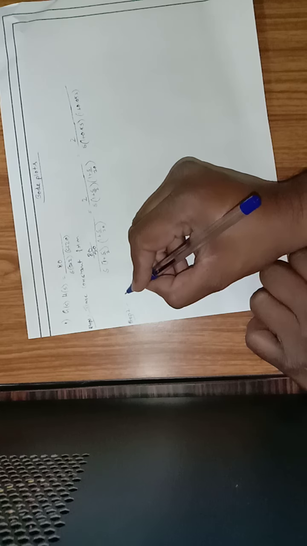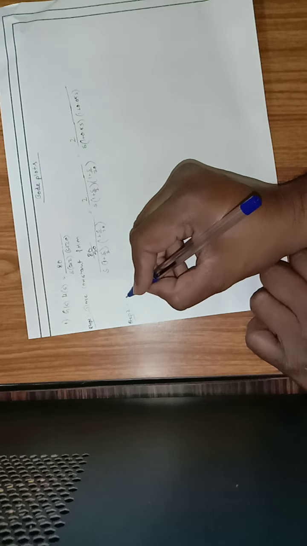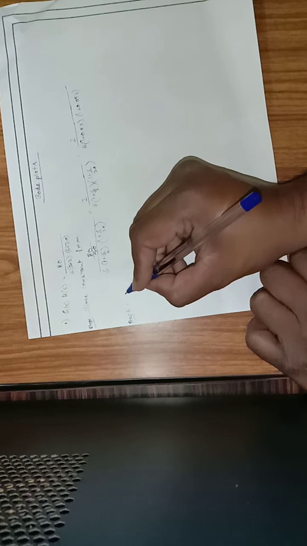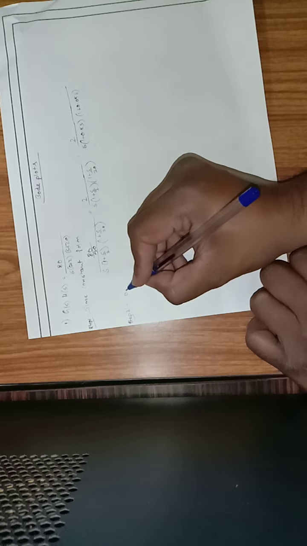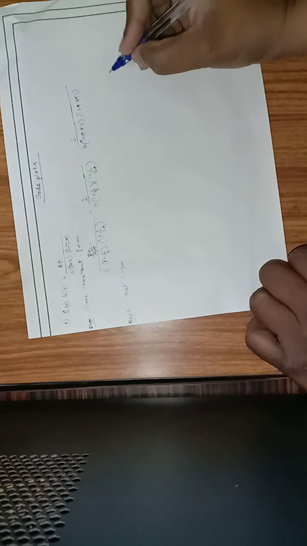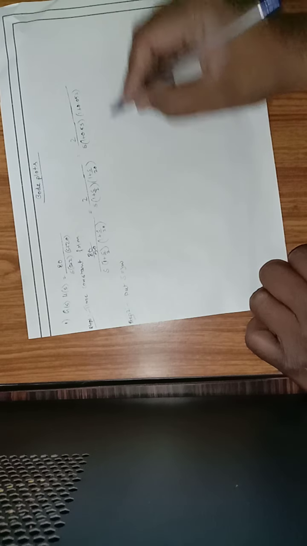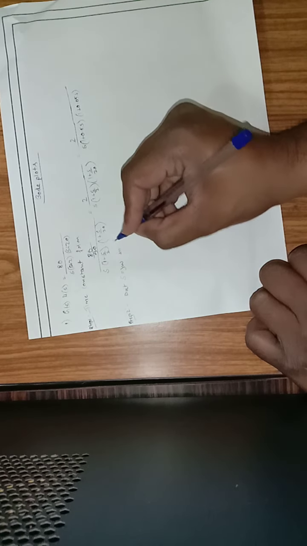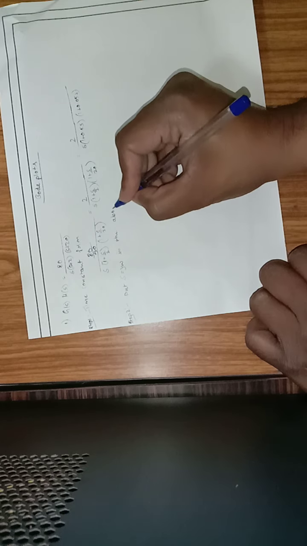Next we will determine the phase angle equation. For that you have to put s is equal to j omega in the above equation.